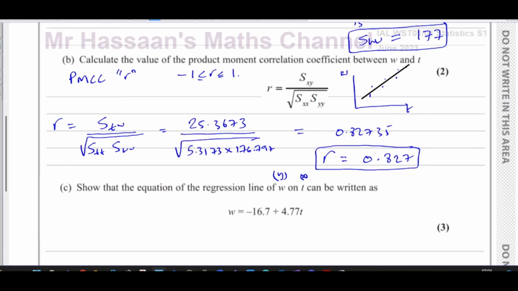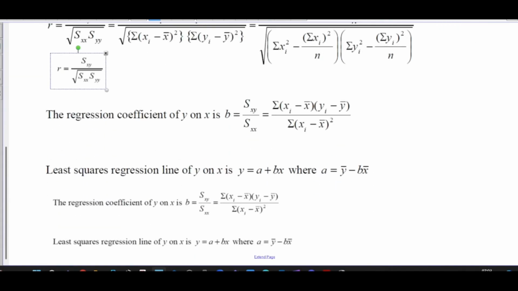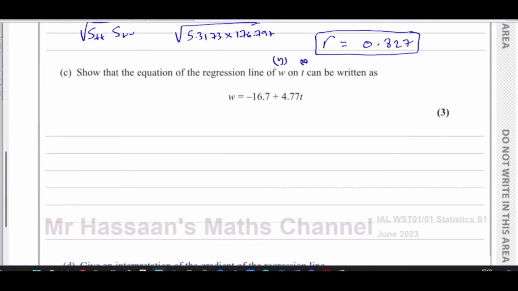If you look at the formula sheet, I'm going to take what we need from here. We have the regression line of Y on X given by this, and also something else relevant that will help us.